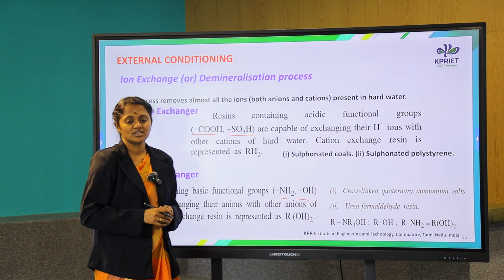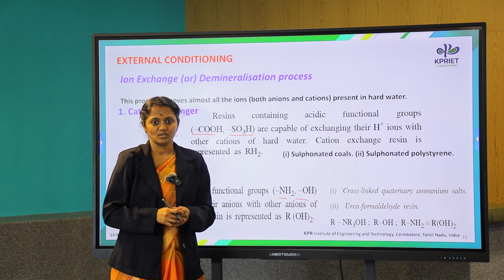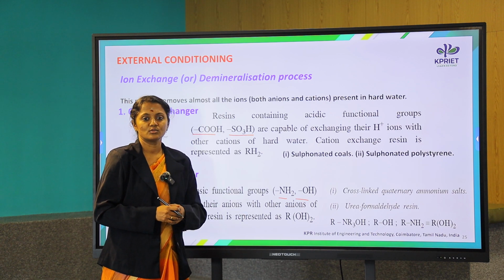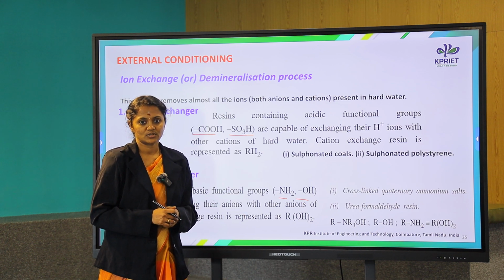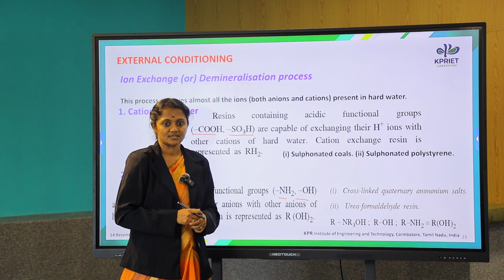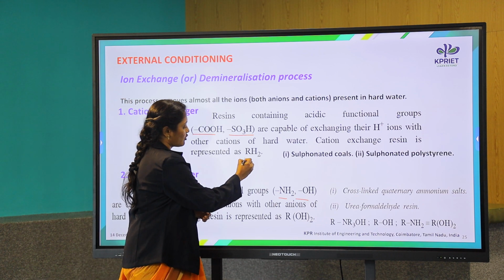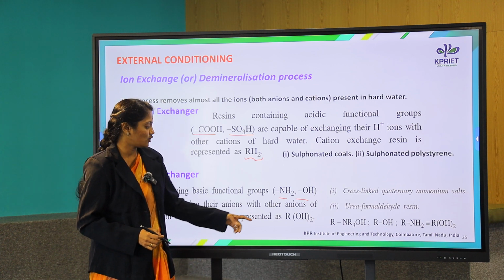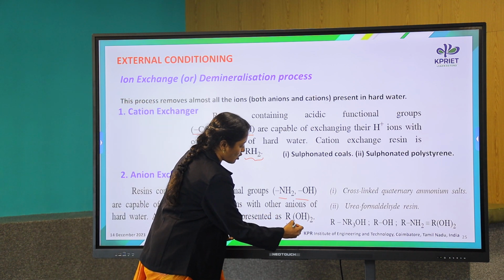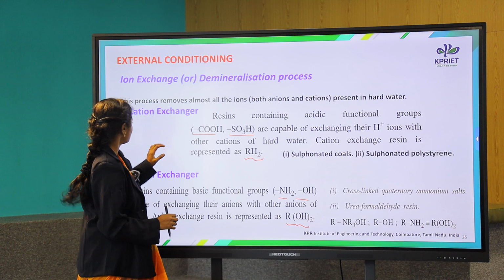They are capable of exchanging all the anions present in the hard water. Examples include cross-linked quaternary ammonium salts and urea formaldehyde resins. Cation exchange resins are represented by RH2 for easier understanding, and anion exchange resins are represented as R(OH)2.